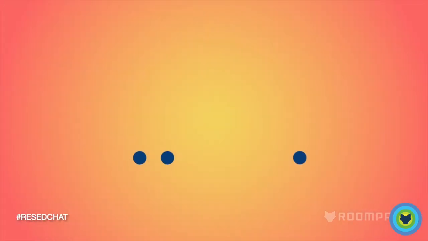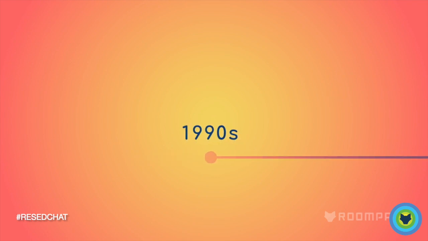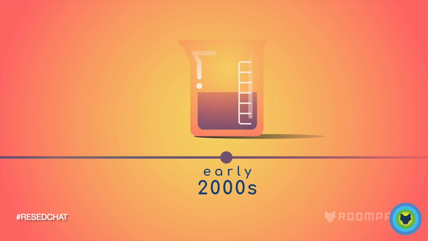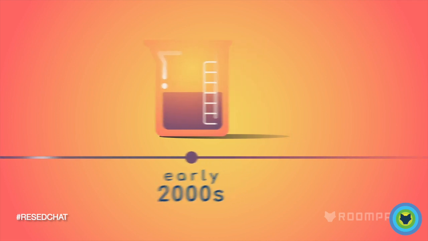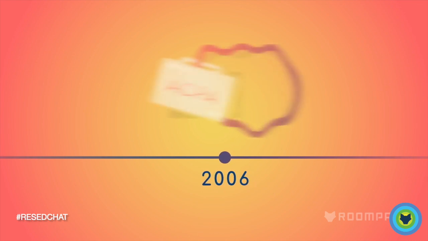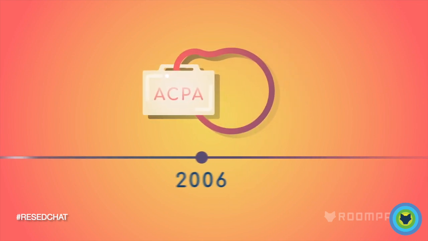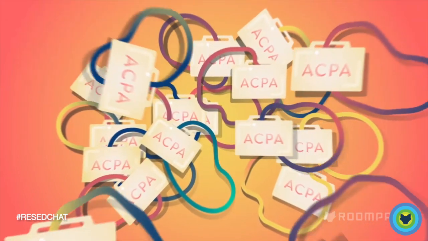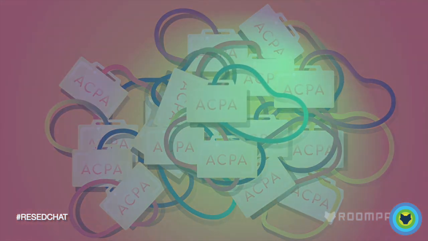A curricular approach to student affairs work in residence life has existed in some form since the 1990s, but in the early 2000s, Kathleen Kerr and Jim Tweedy at the University of Delaware began experimenting with new ways for enhancing the student learning experience. In 2006, they teamed up with ACPA to host the first ever Institute on the Curricular Approach. Since then, the Institute has grown in size and scope, starting with a focus on residential life and education and ultimately broadening to the entirety of student affairs work.